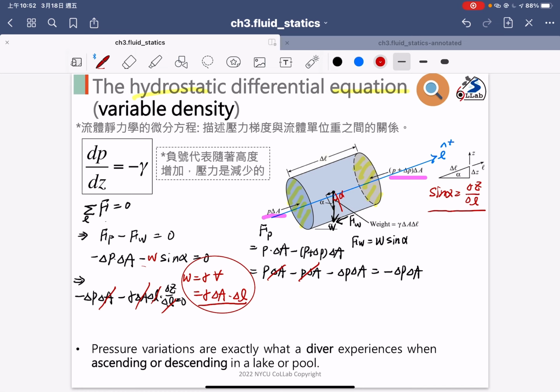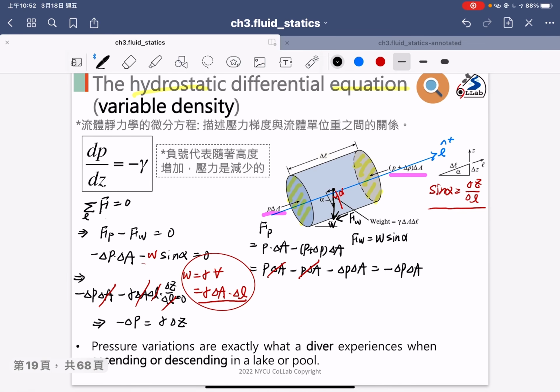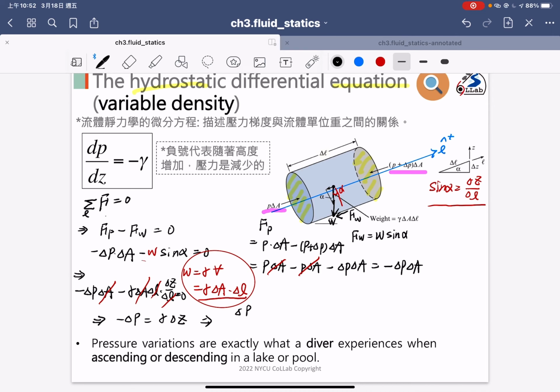Okay, so you can reorganize the equation: the delta P is equal to minus gamma delta Z. I just move the negative symbol to the right hand side, and the delta Z put to the left hand side, and it's equal to minus gamma.